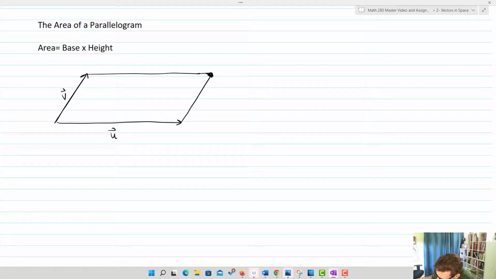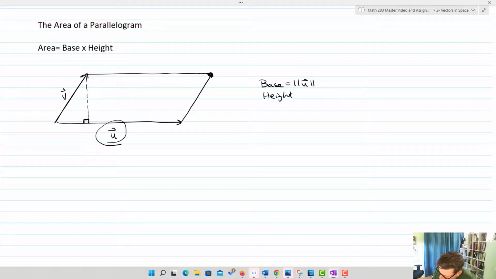The magnitude of u is the base. The base is going to equal the magnitude of u. That should be pretty obvious, right? Because u is the vector and its magnitude is its length. If we construct a right angle between the corner and the bottom of the parallelogram, that's going to end up being the height.